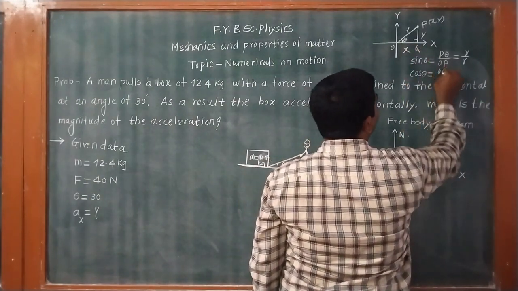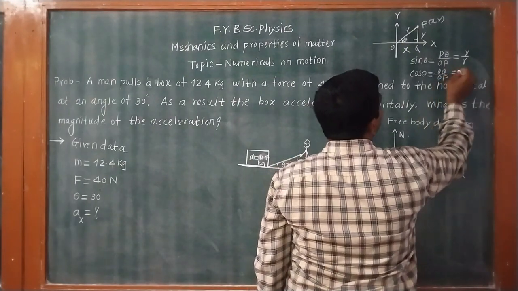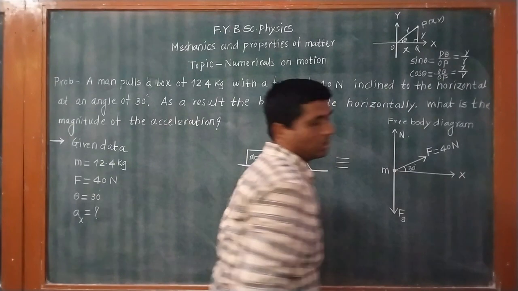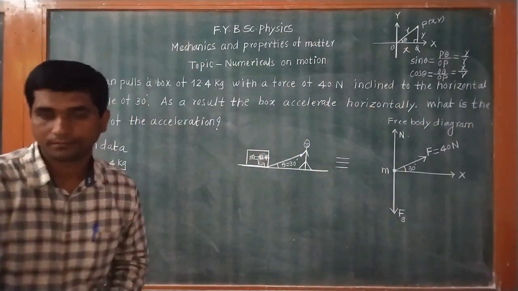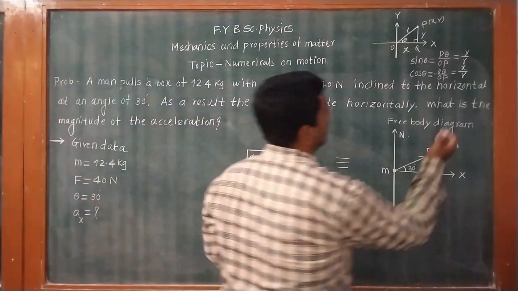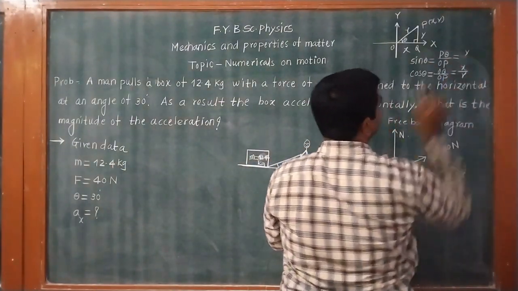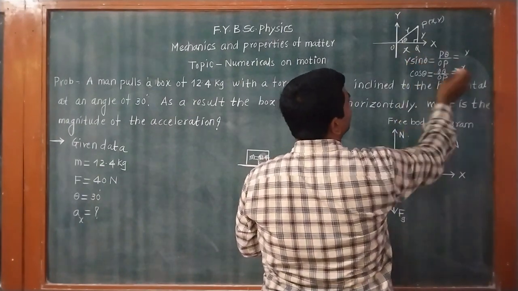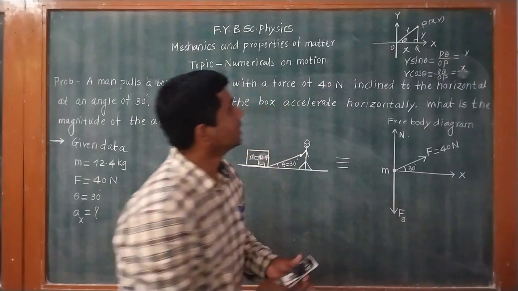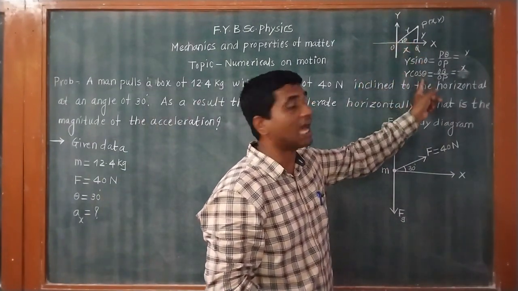Adjacent is OQ and hypotenuse is OP, so it is x upon r. Transferring r to the other side, x is equal to r cos theta. This means the x component of any vector is always r cos theta.